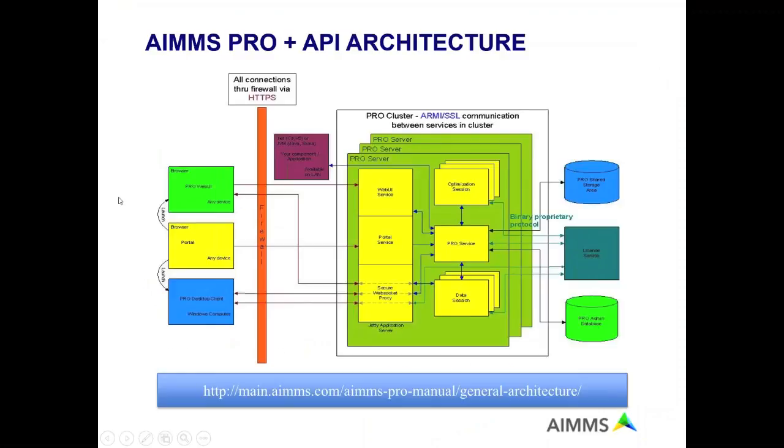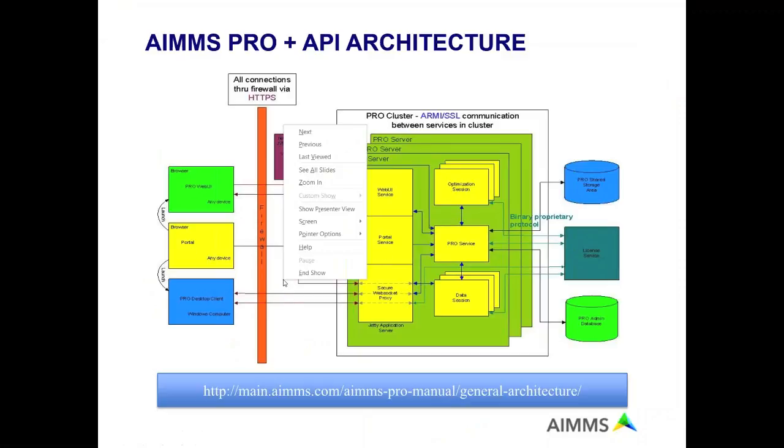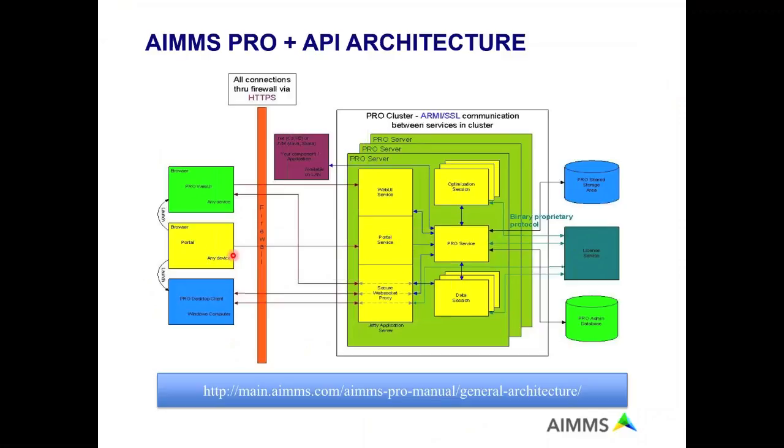Now I'm getting to the AIMMS Pro architecture. As you've seen, I've just gone through the portal, publishing an app, and again through the portal, launching an app. That's the way the normal interaction is. What we're going to do is slightly different.